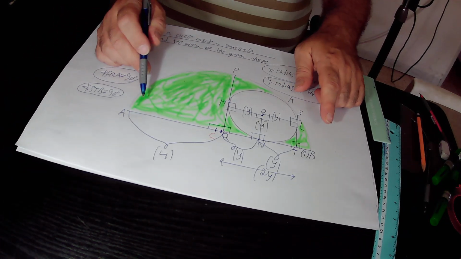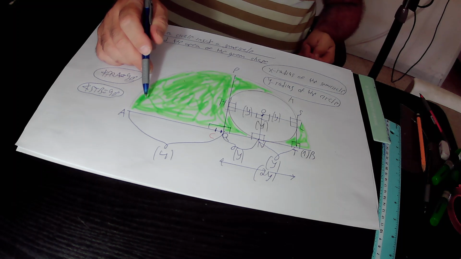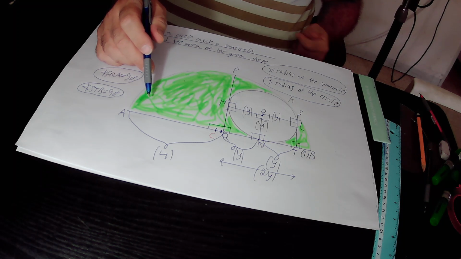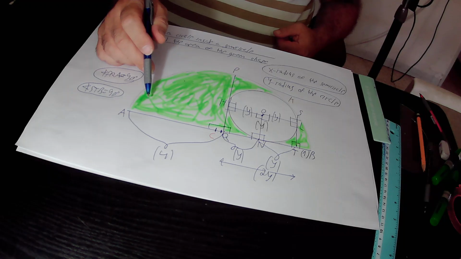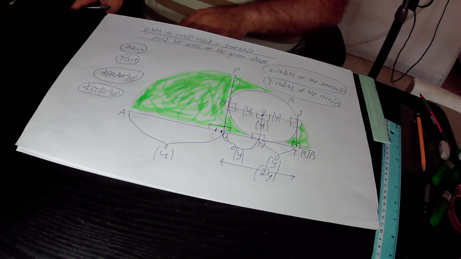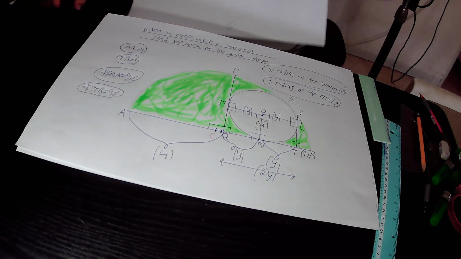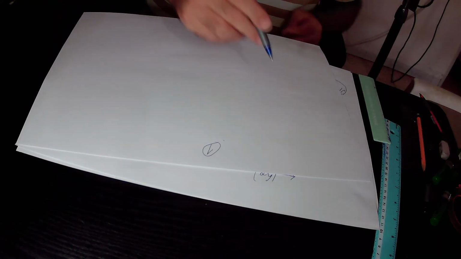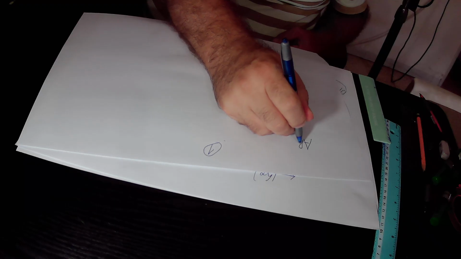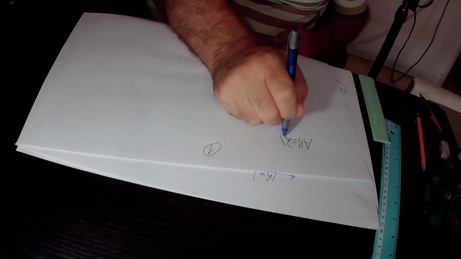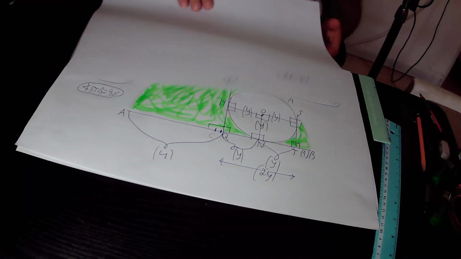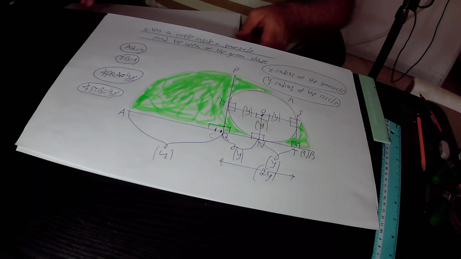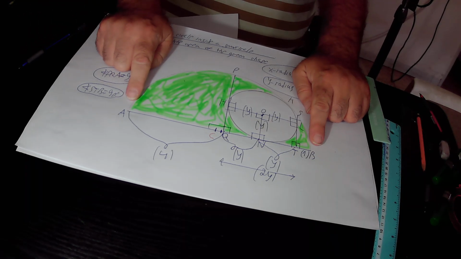AB is the diameter of this semicircle. The radius of this semicircle equals x, therefore the diameter must be equal to 2x. So the diameter AB of the semicircle equals 2x from one side, but from the other side the diameter AB of the semicircle also equals AQ plus QT plus TB.